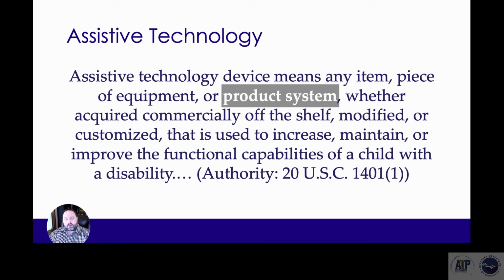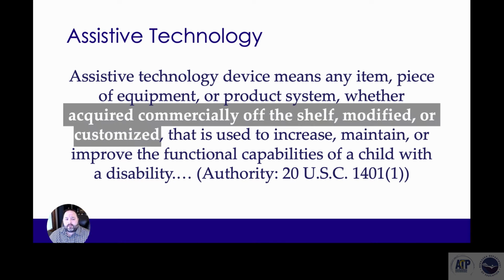Maybe a watch-based device that I can use to communicate. It's portable, it stays with me, I always have it, and it's not quite as bulky as my primary communication system. So I might use both of those systems together just at different points of the day in order to communicate. That's another example of a product system.